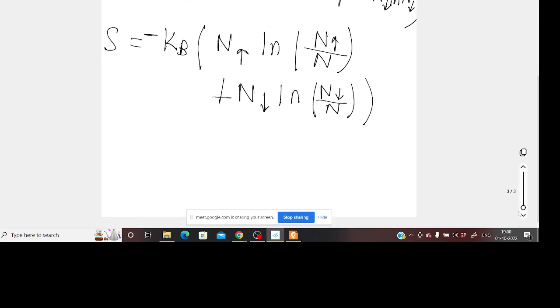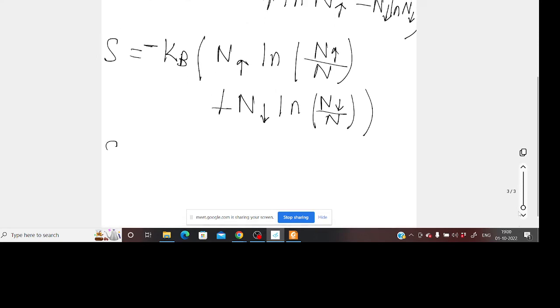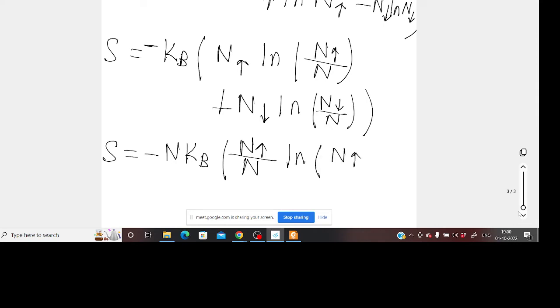Nothing else. Now I take this n common. Then we'll get S equal to minus n k_B into n up by n log n up by n plus n down by n log n down by n.